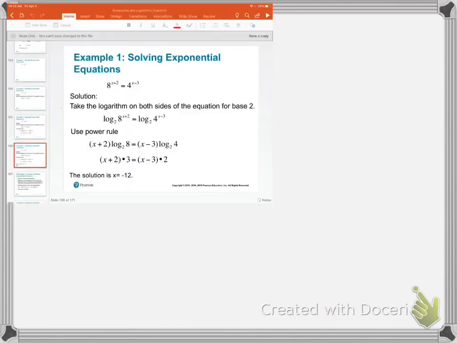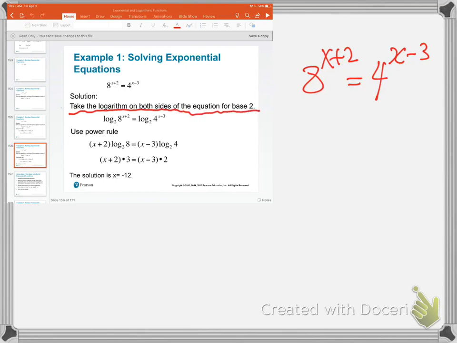One more example. The equation is 8 to the x plus 2 power is 4 to the x minus 3 power. So it's different base. So now the new method, we will use log notation. We take log on both sides of the equation for the base 2.